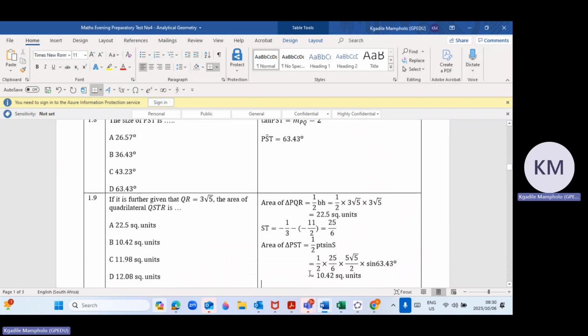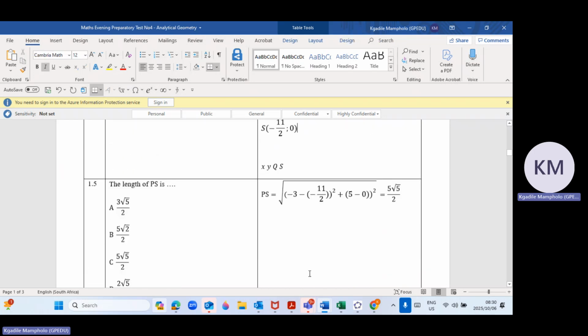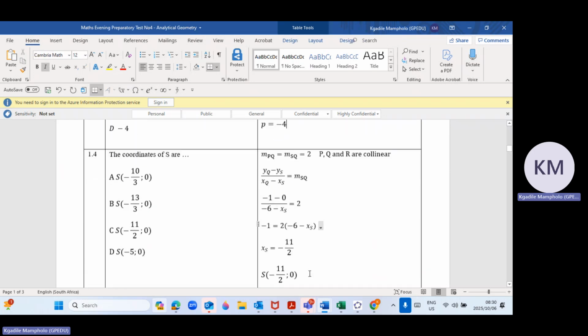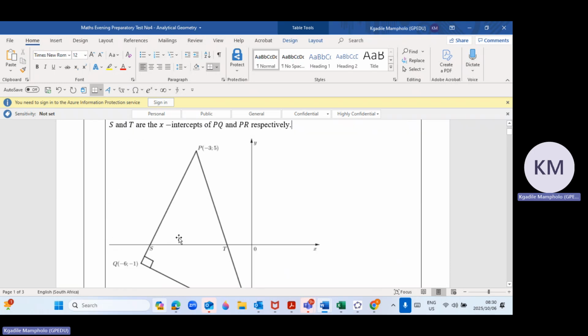Number 9, if it is further given that QR is 3 root 5, the area of quadrilateral QSTR is... Let me quickly go back and then come and check this. I'll just copy this and take it there so that we talk about something that we see.